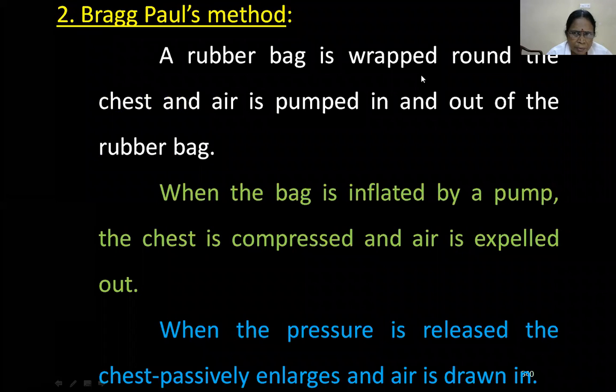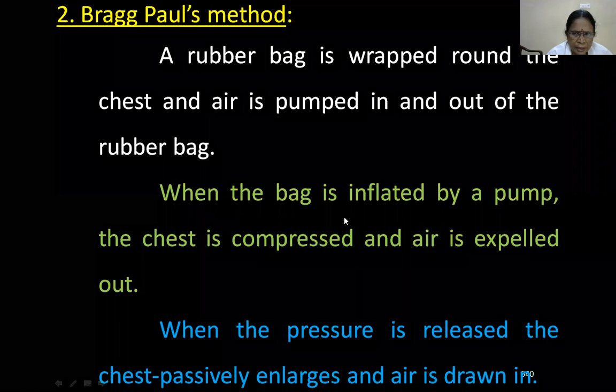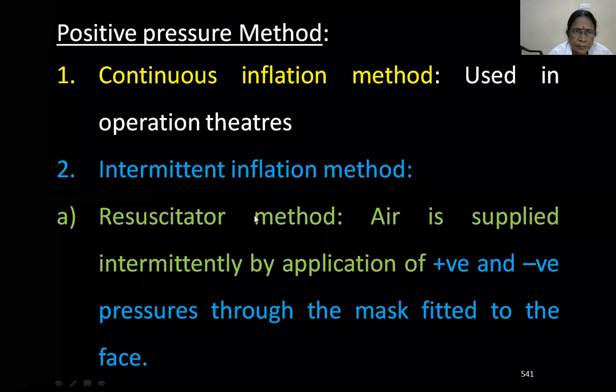Air is pumped in and out of the rubber bag. When the bag is inflated, the chest is compressed and air is expelled, which is expiration. When the pressure is released, the chest partially enlarges, then inspiration. Just imagine a BP cuff.